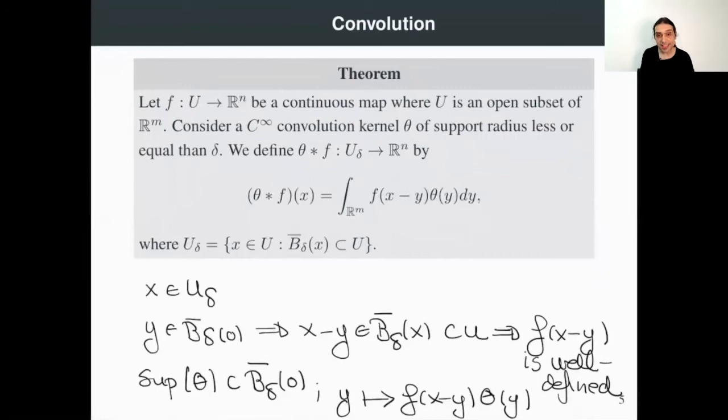So this is a continuous map that is well defined in R^m, and whose support is actually compact because the support of theta is compact.